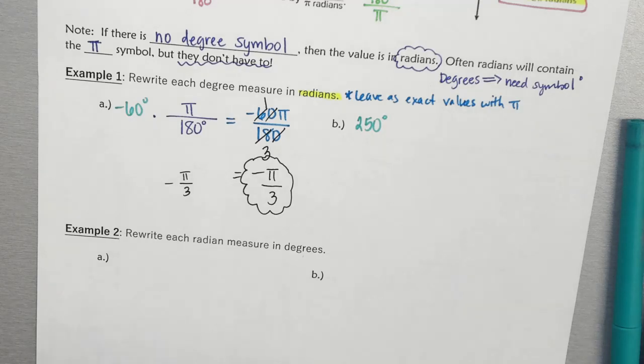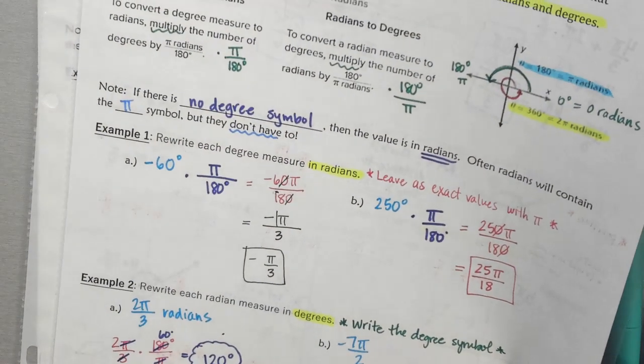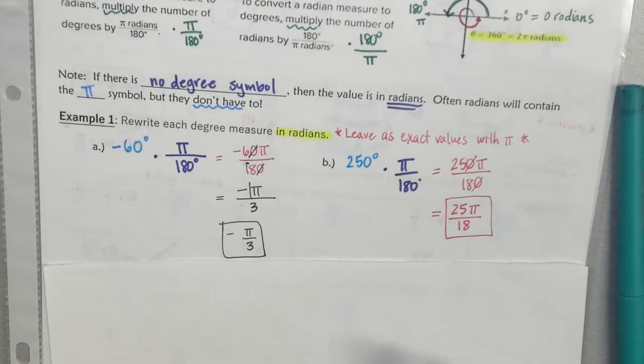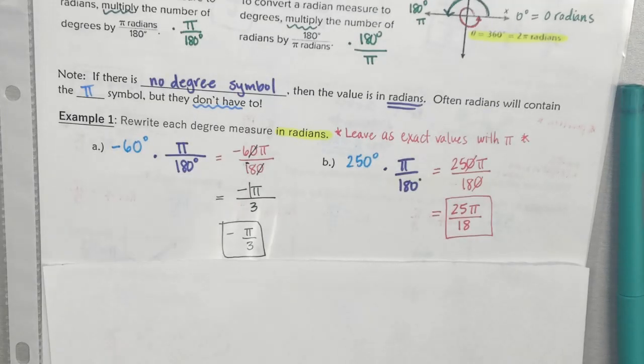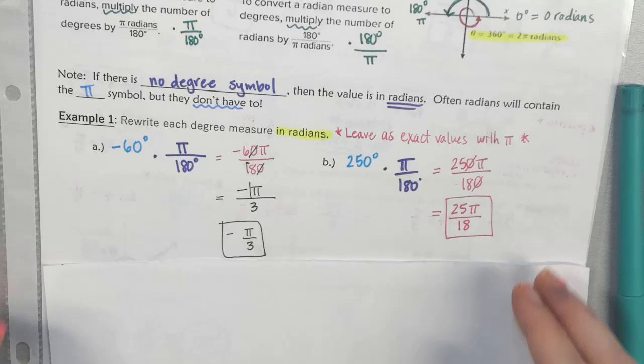Good. Okay, so when you're doing this, if you get to a point and you're not sure if it reduces anymore, you can always think of it as a factor tree, right? 25, you have 5 and 5. So it's 1, 25, and 5 that go in there. For 18, 1, 18, 2 and 9, 3 and 6, they don't have any common factors. You can't reduce it. Okay?